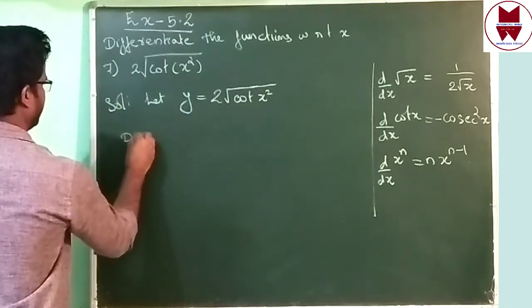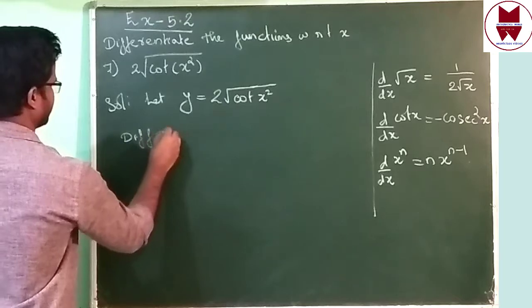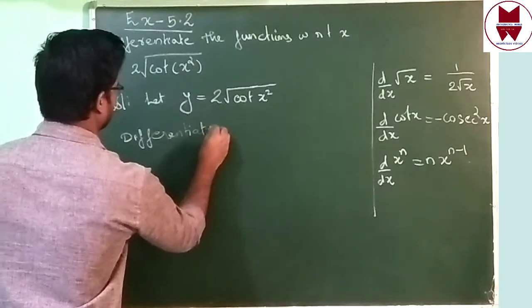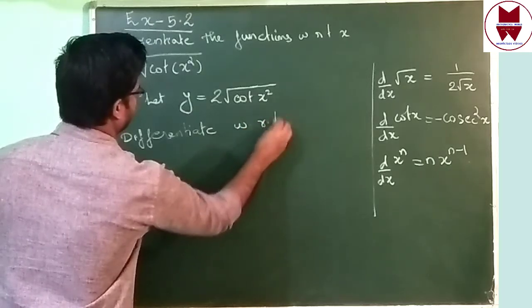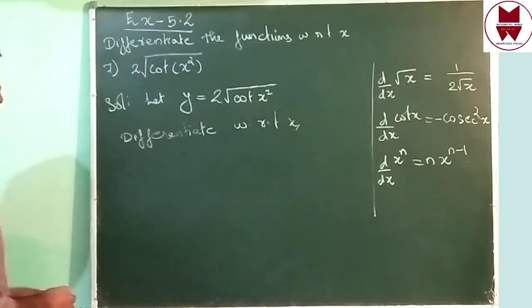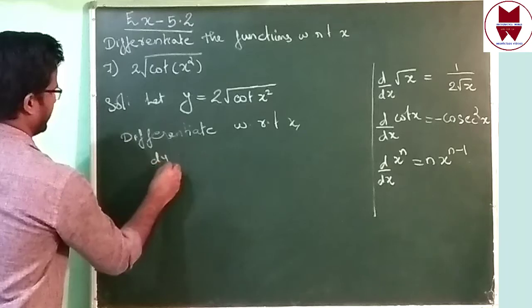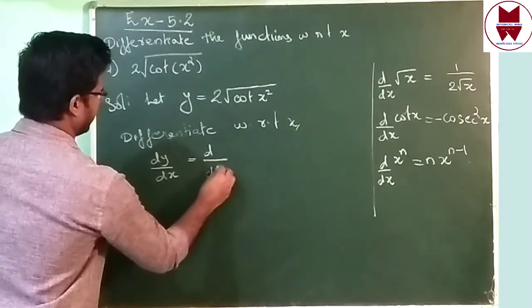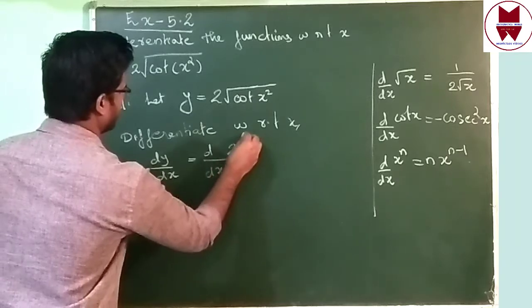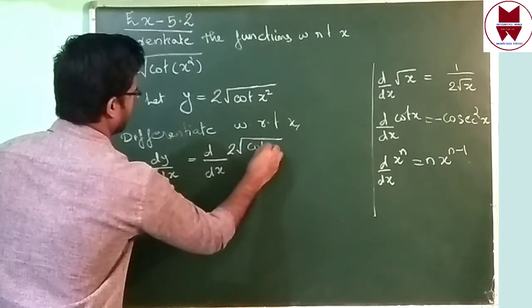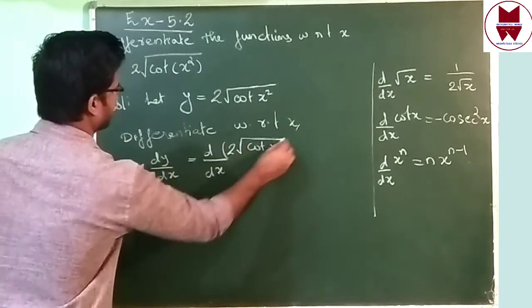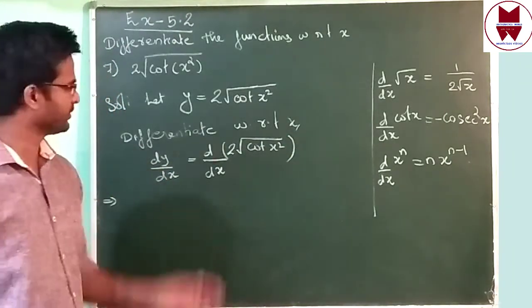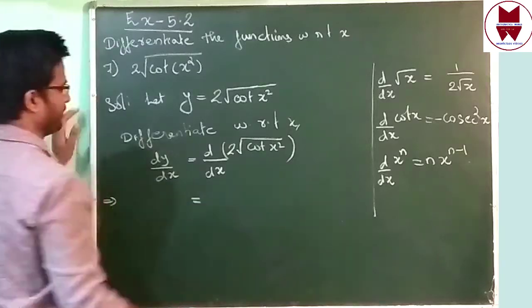Then differentiate with respect to x. dy by dx equal to d by dx of 2 into square root of cot x square. Left side, no need to do anything. You do only the right side.